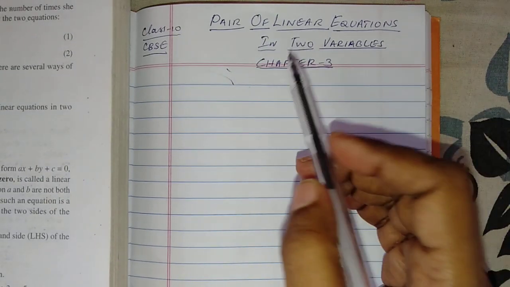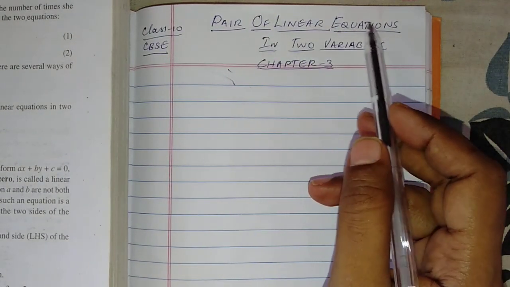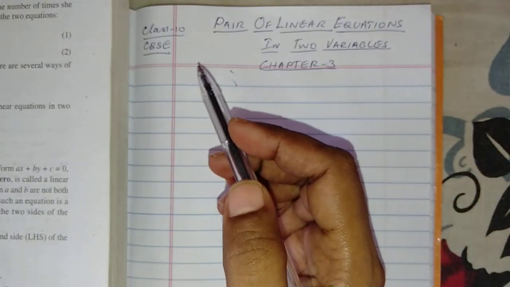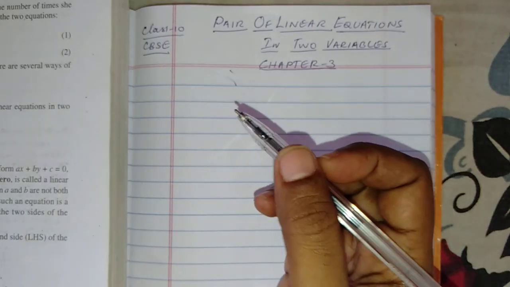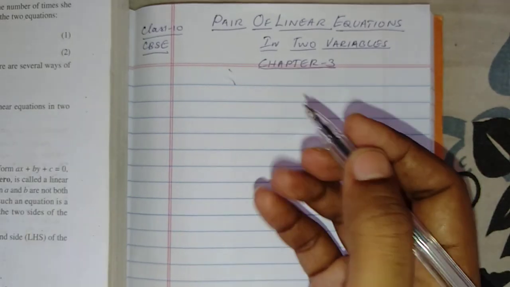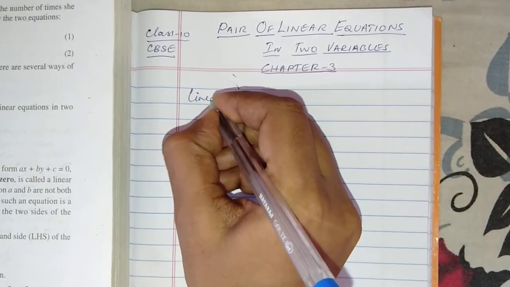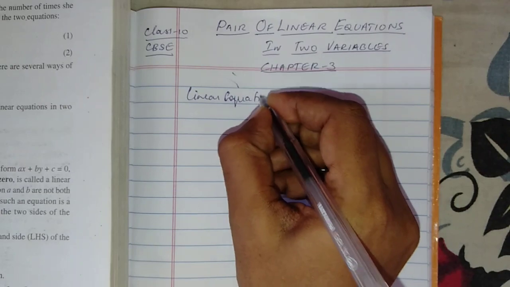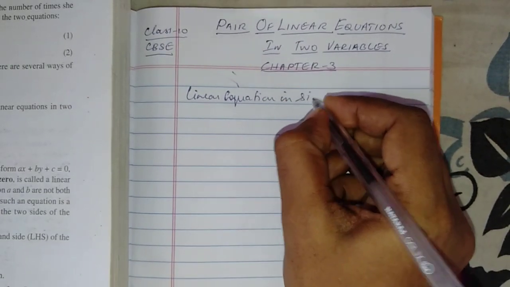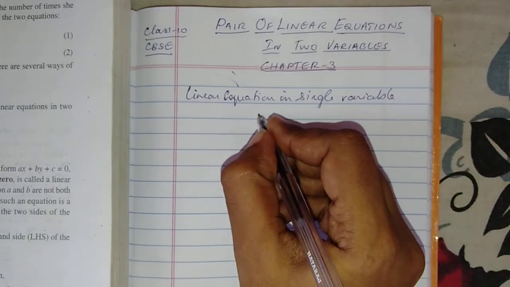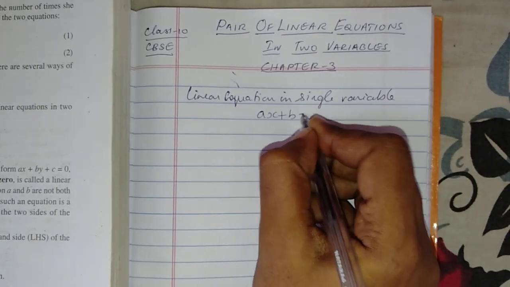The chapter we are going to see today is chapter number 3, pair of linear equations in two variables of class 10 CBSE. Now we all know the general format of writing a linear equation in single variable, right? A linear equation can be written in the form of ax plus b is equal to 0.